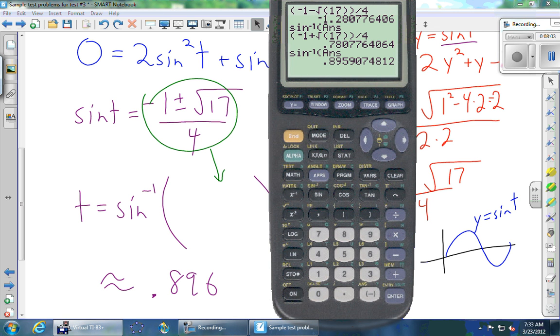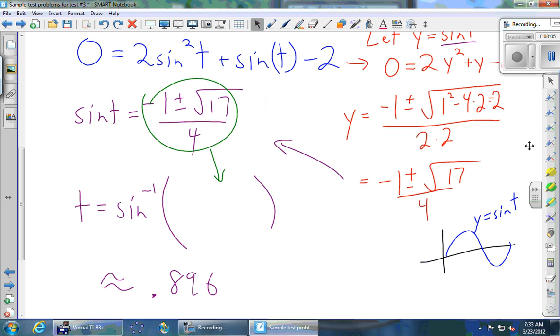We'll just call that, okay, 0.78 is fine. So if I put 0.78 right up there near the top, then you can see that that horizontal line hits the graph not just the once, which we just found over there is a 0.896, but it hits it again. And so we need to find that number. The calculator just can't give you both numbers. Inverse sine is a function, and you plug in one number, you will get only one number out, even though there are actually two different answers to our problem.